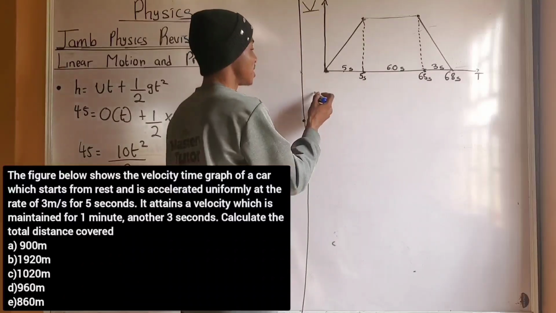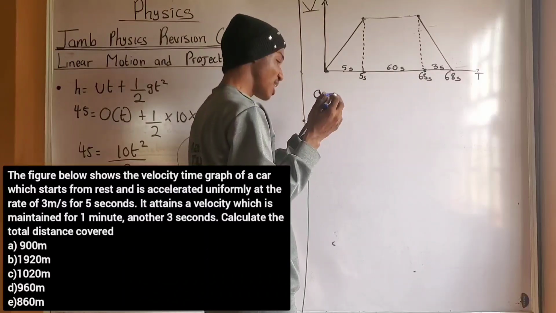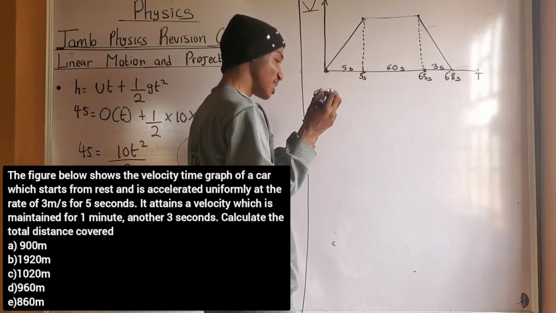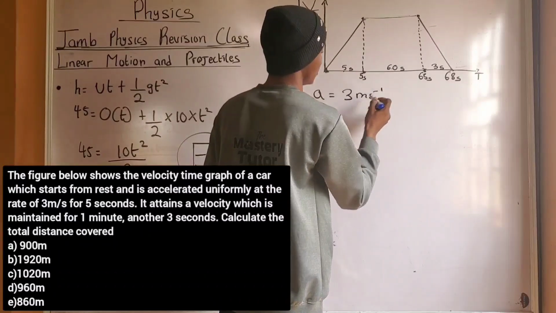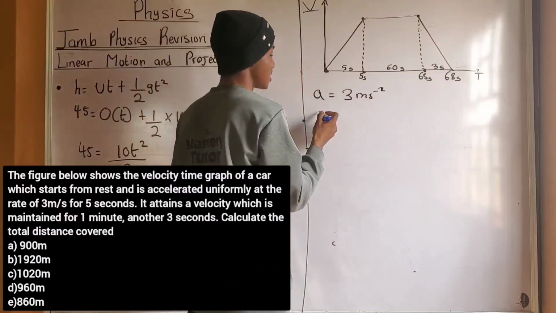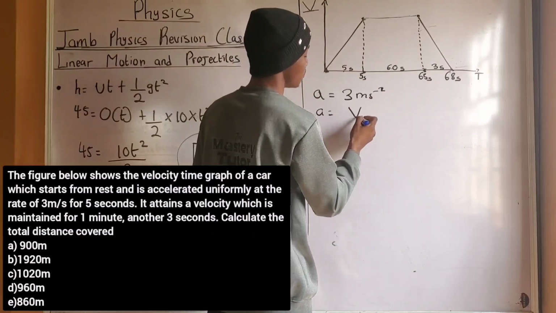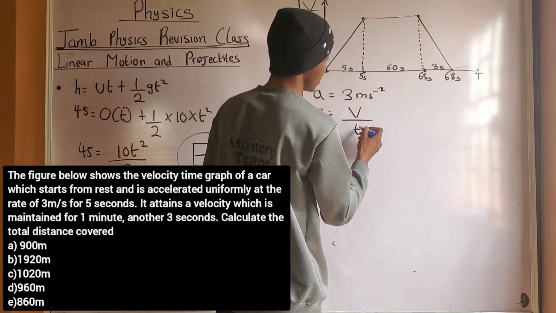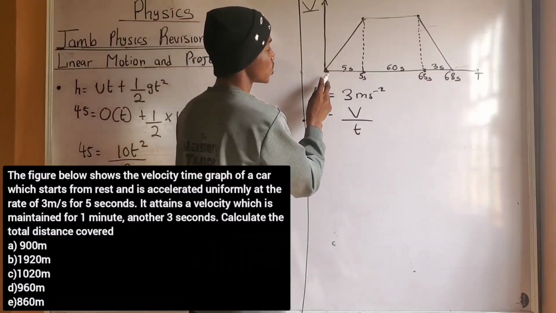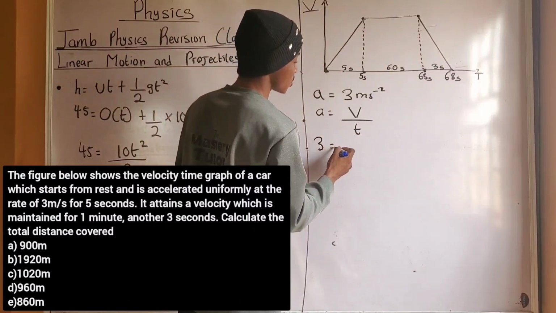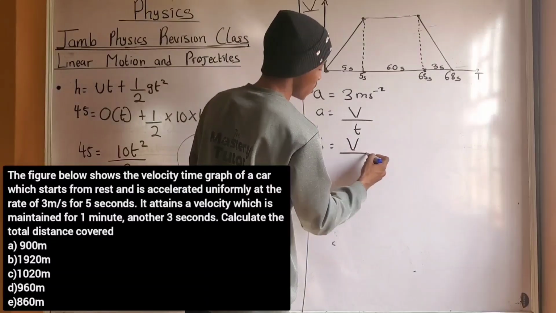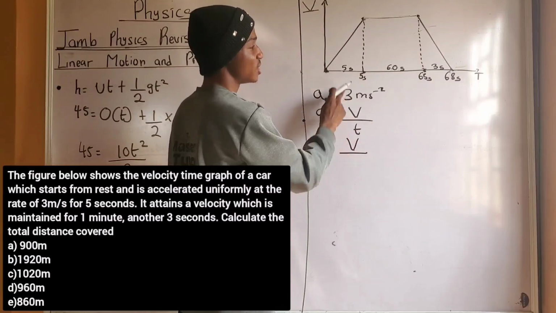Since we know that acceleration has been given as 3 meters per second squared, and acceleration is equal to velocity over time, right? Now, the time it used to accelerate is what? 5 seconds. Are you getting it? So I'm going to have 3 equals the velocity, which we are looking for, over the time. The time is 5 seconds.